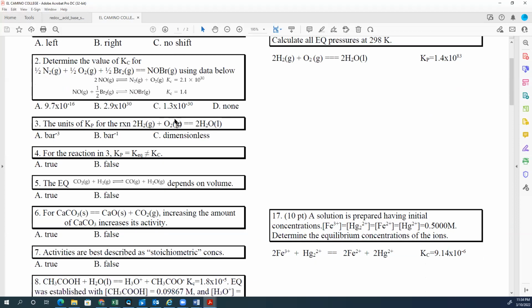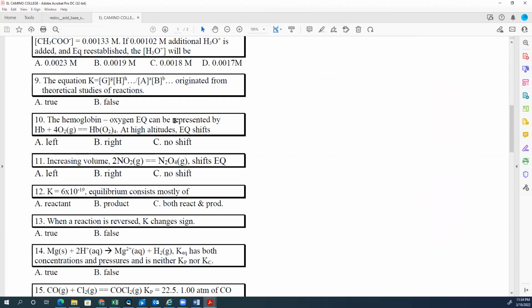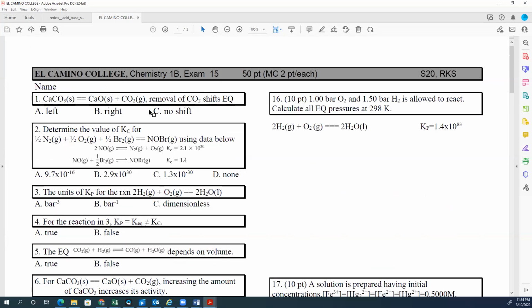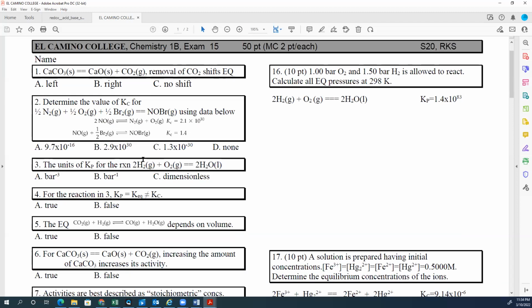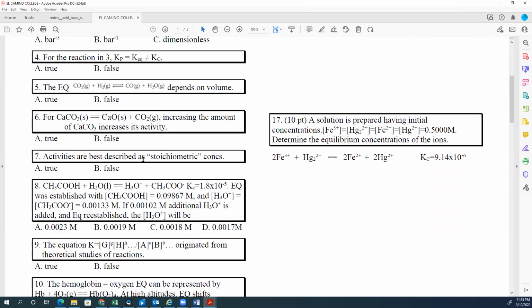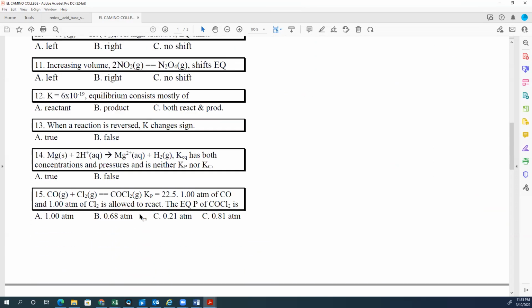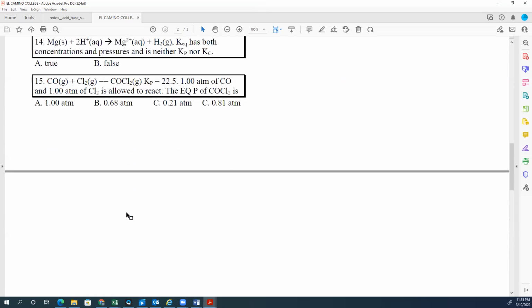Maybe something like this. Okay. So here you're going to have some multiple choice. How many multiple choice questions have I put on? I've had 15 multiple choice. It's only a 1 page test.